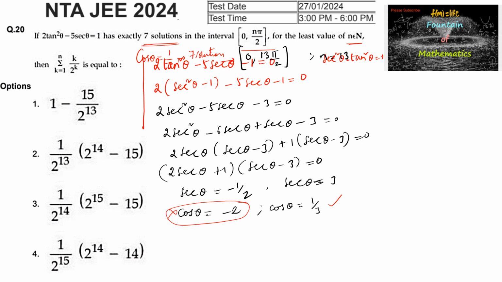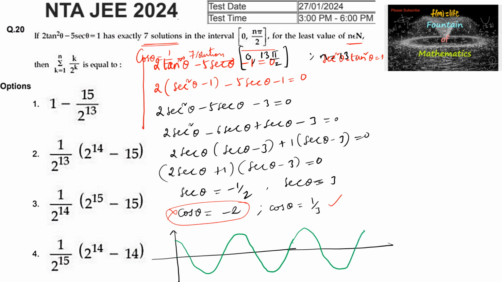Let's see the graph of the cosine function. So here it is 0 and this is pi by 2.